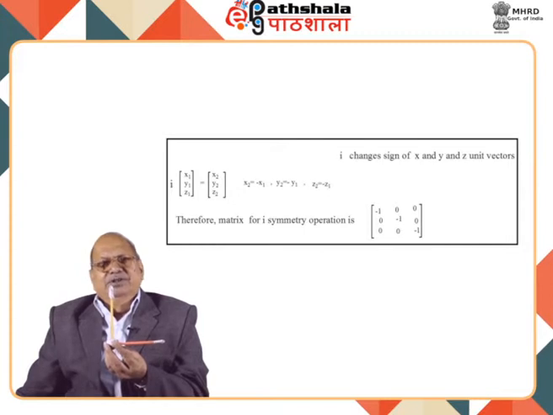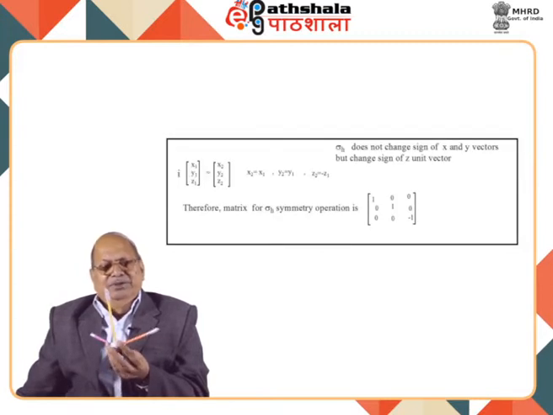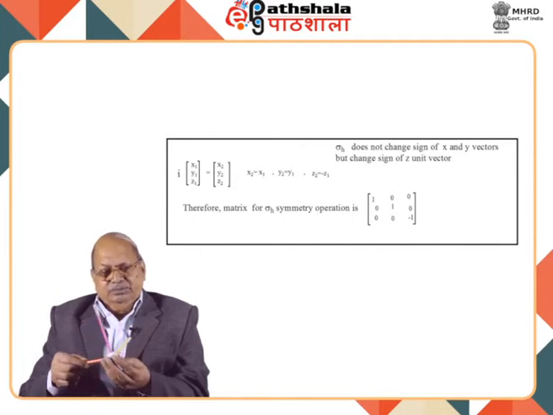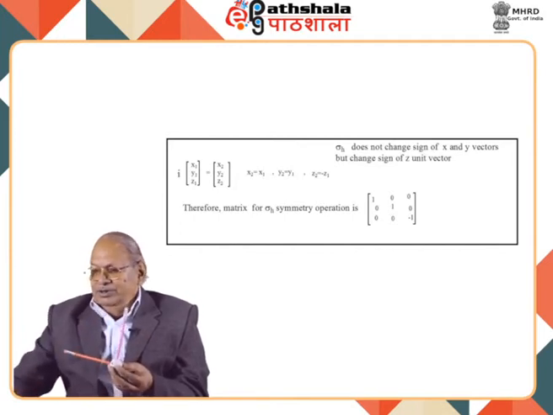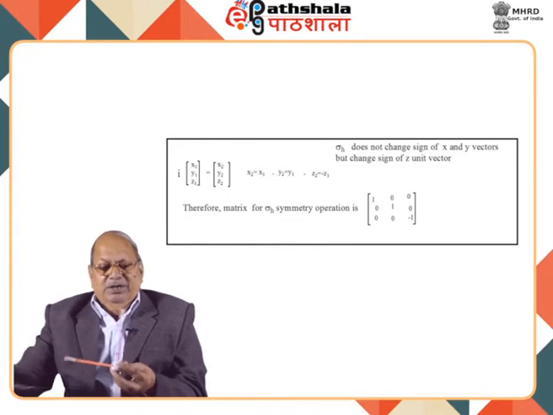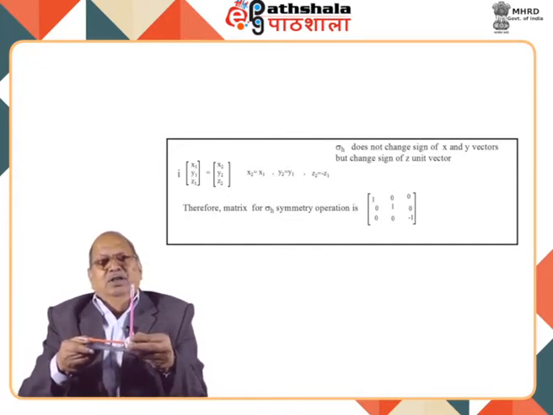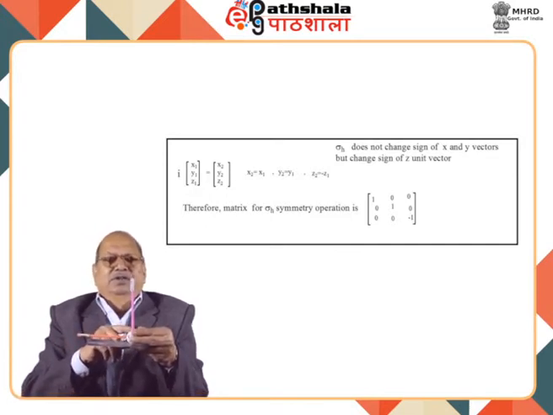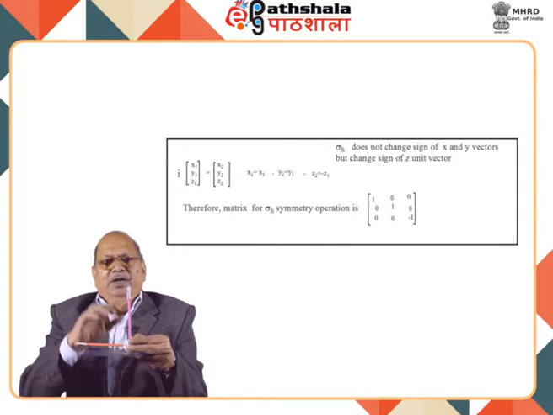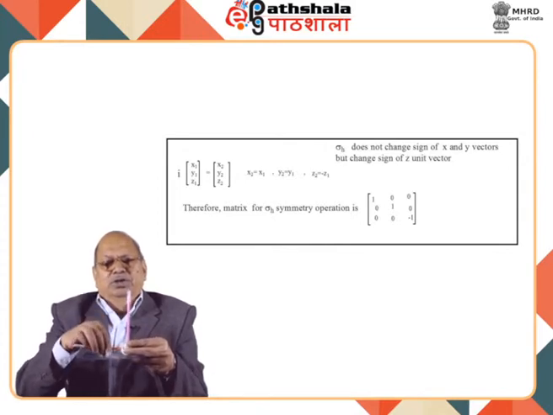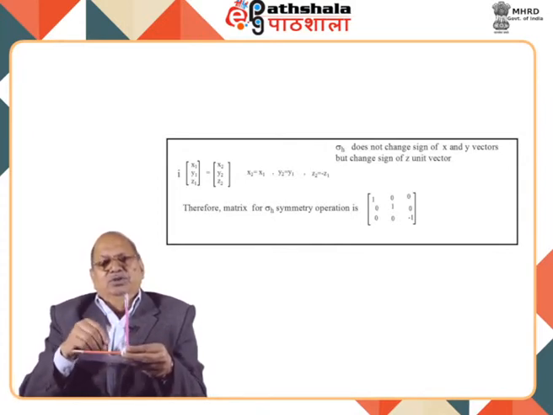Now, let us see what happens if I go for sigma h. This is my sigma h which I am taking over here, and what happens? This vector and this vector remain in the plane, and this vector goes below.